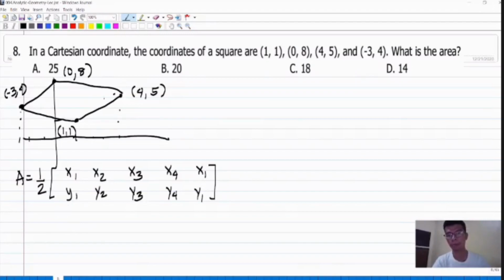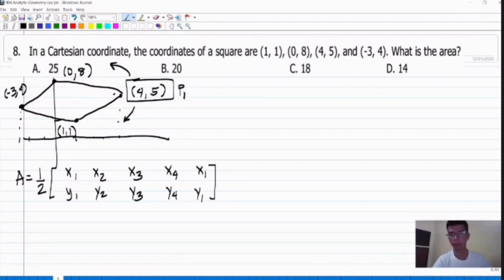So, pwede naman kayong mamili kung sino ang gusto nyong maging sub 1. So, let's say na ito, yung gagawin nating point number 1. And kayo din naman bahala papunta dito kung counterclockwise or clockwise. So, ang kaibahan is magiging positive or negative ang ating answer.